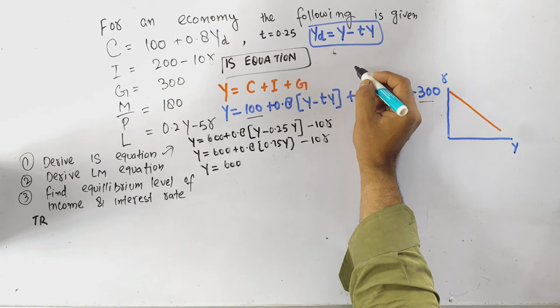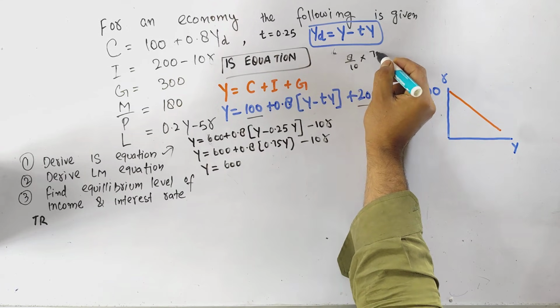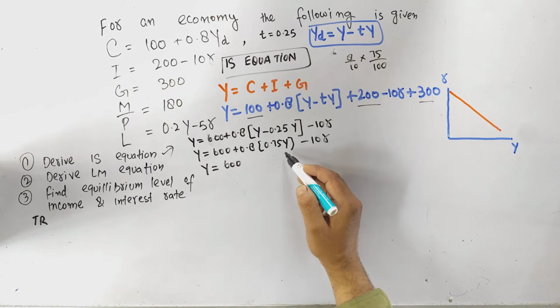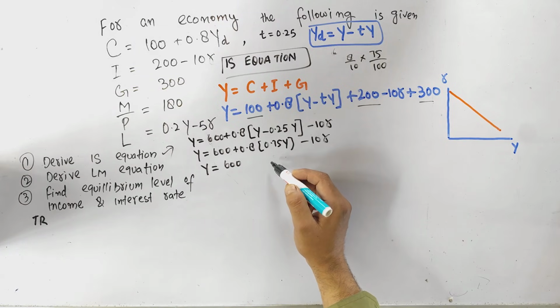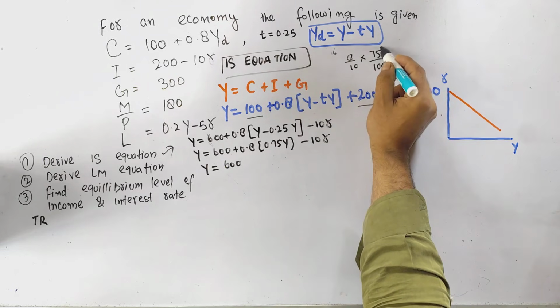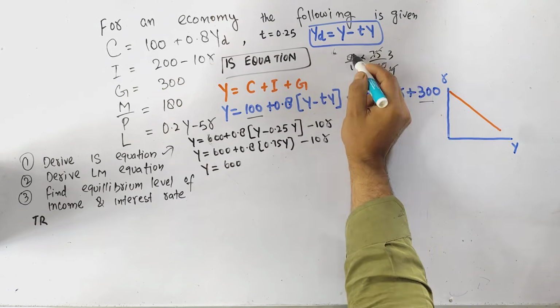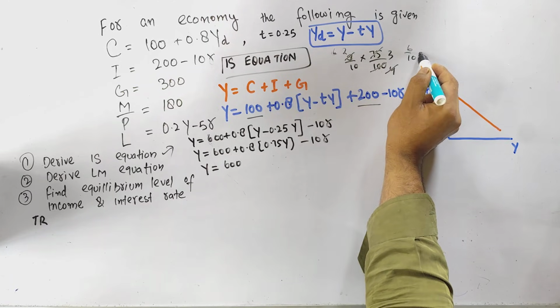We have 0.8 into 0.75, so 8 upon 10 into 75 upon 100. If I convert it into decimals, what will we get here? 25 3s are 75, 4 1s are 4, 2 3s are 6, so 6 upon 10, which is 0.6.